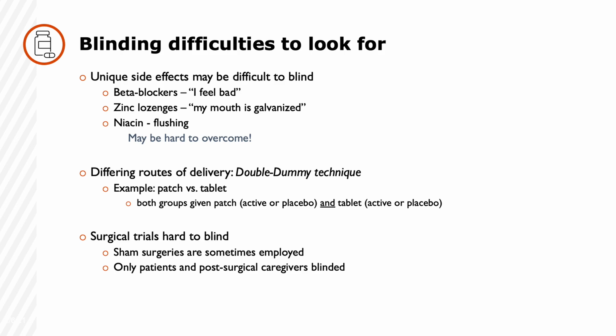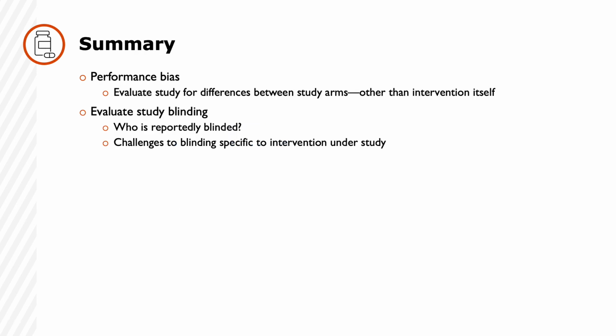So to wrap up, it's important that we evaluate randomized control trials for performance bias. We want to assess if there are any study differences in how the patients received their care or were managed across the process of the study between the study arms, any differences other than the intervention itself.